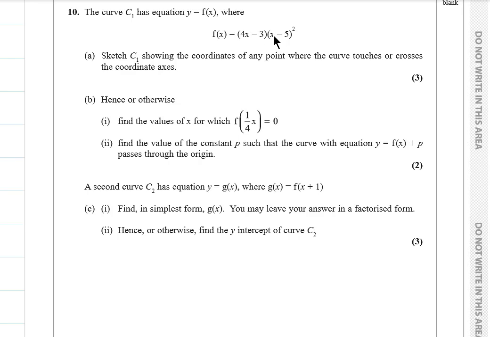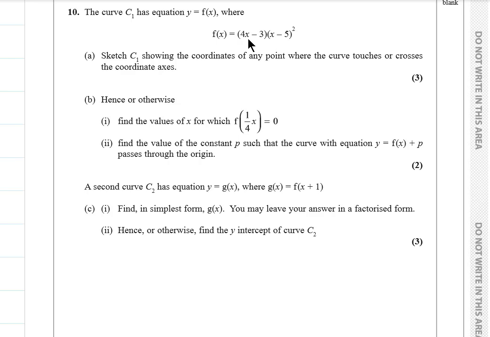We have here positive coefficient and here also positive coefficient, so we have positive coefficient of x cubed. Our curve should be increasing and then decreasing and then increasing again. And also the curve should cut the x-axis at 3 over 4 and touch it at 5, or we can say that it will rebound at 5.